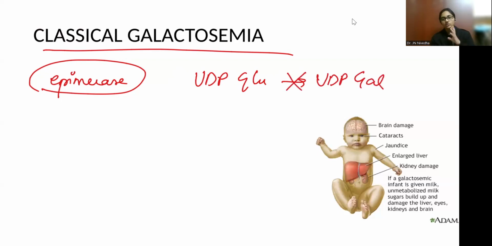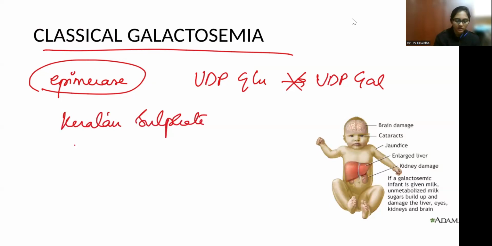So UDP galactose concentration itself becomes very less. But you need galactose for the synthesis of various compounds, is it not? So if that is not present, what can happen? There can be reduced synthesis of glycosaminoglycans, especially keratan sulfate, which needs galactose.